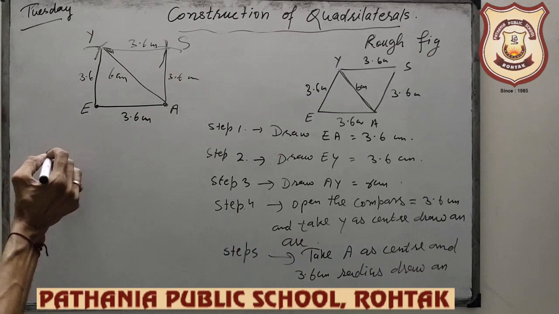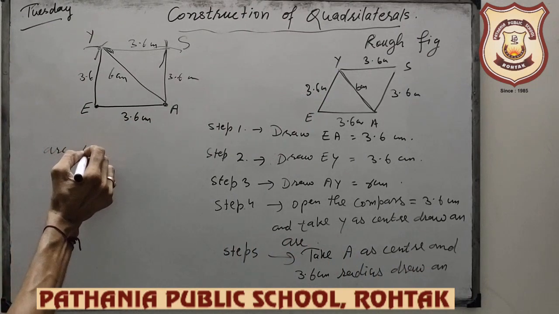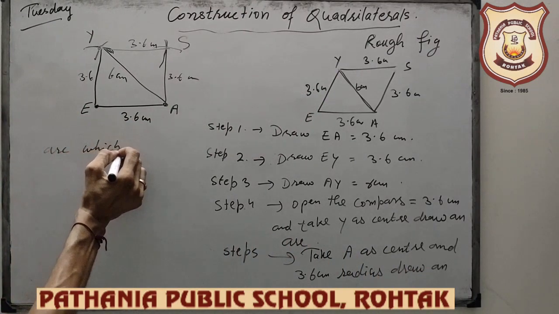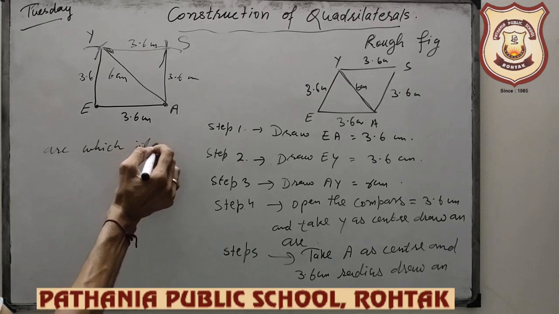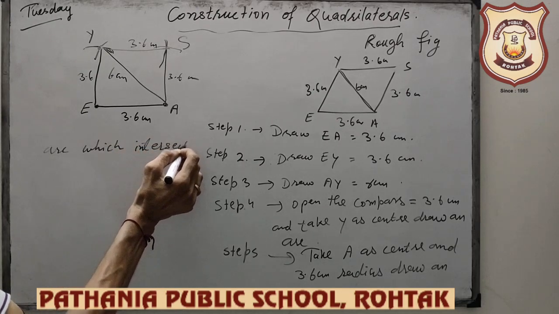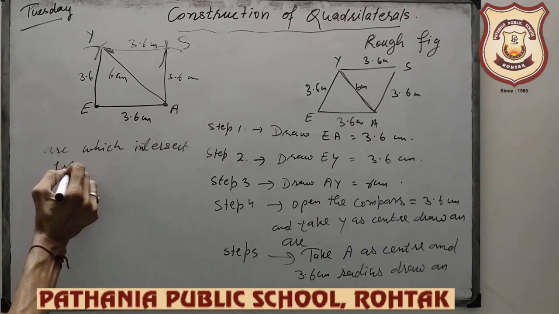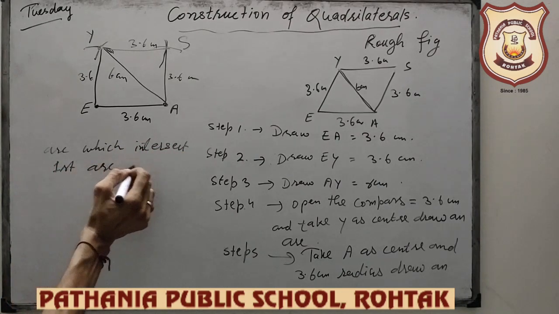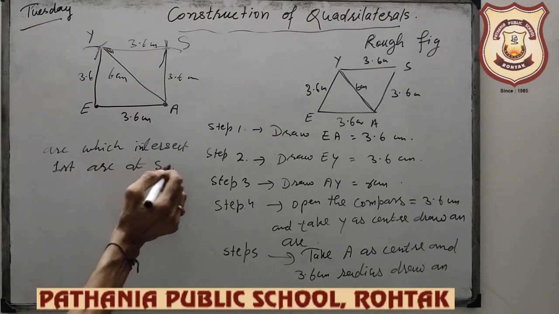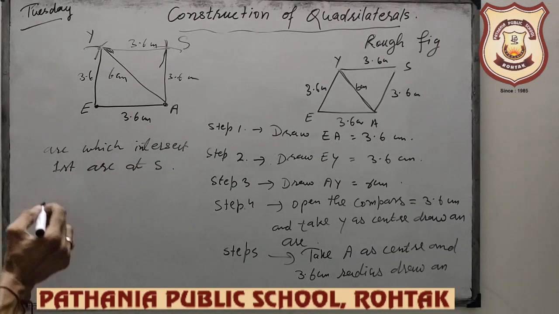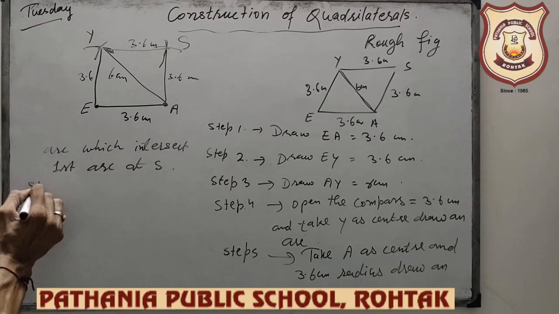I am writing here: draw an arc which intersects the first arc at S. Step 6.